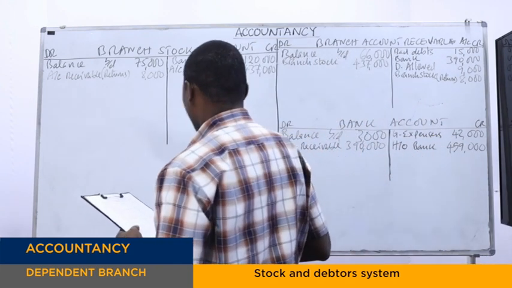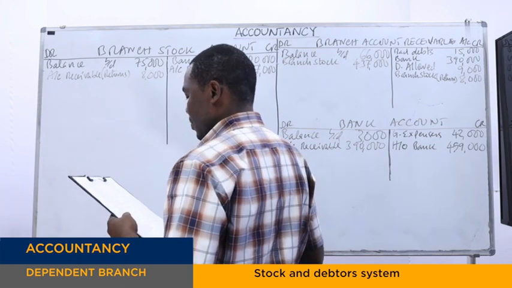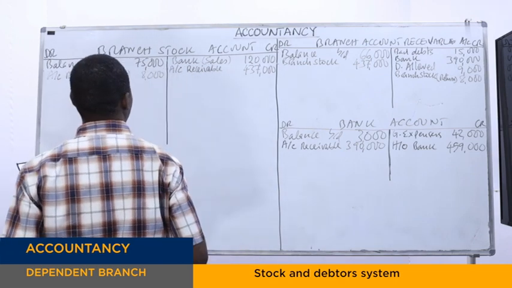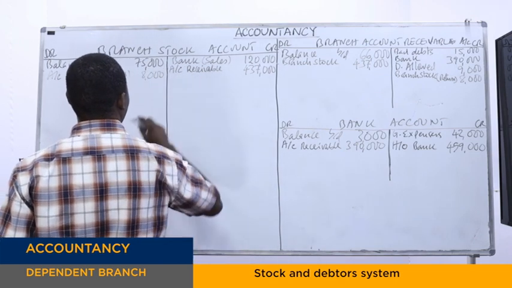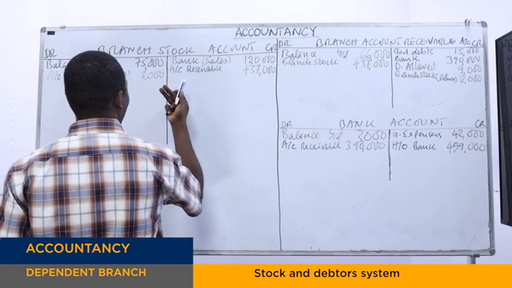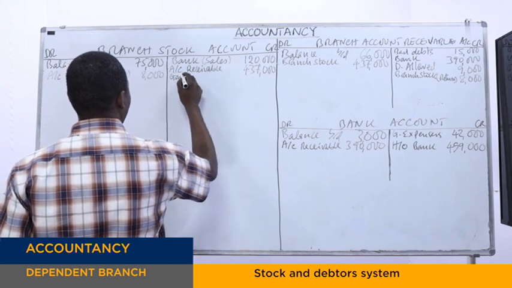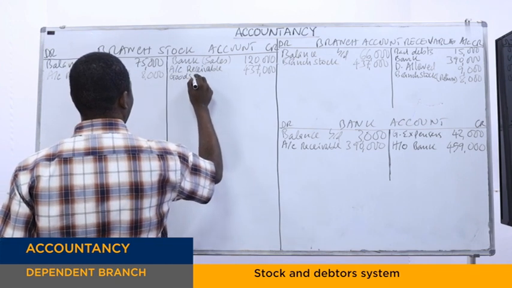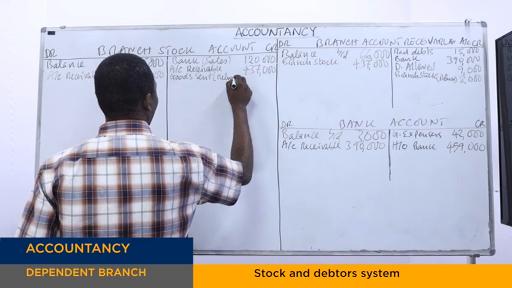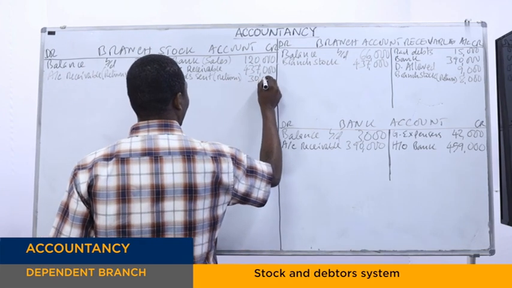So if it is a return to head office, then it should be debited here, credited in the branch stock account and debited to goods sent. So we credit branch stock, goods sent, that is returns. How much? It is 30,000.